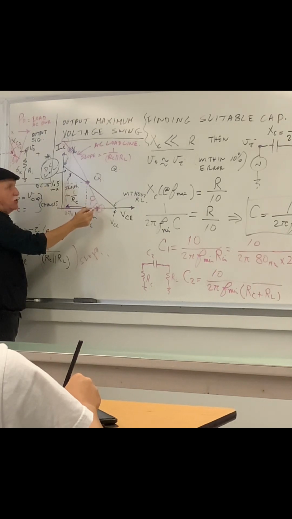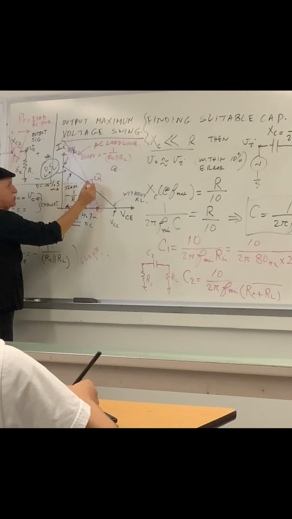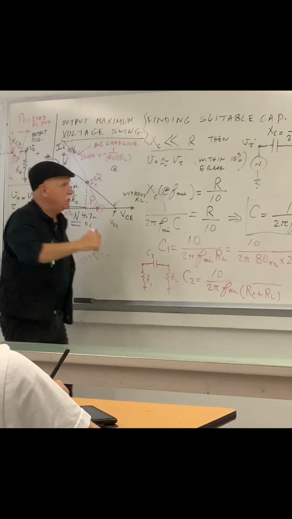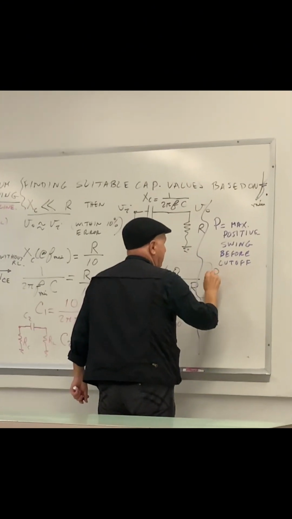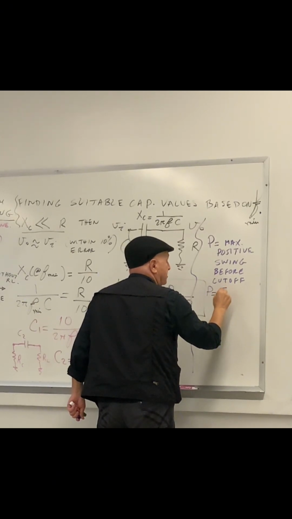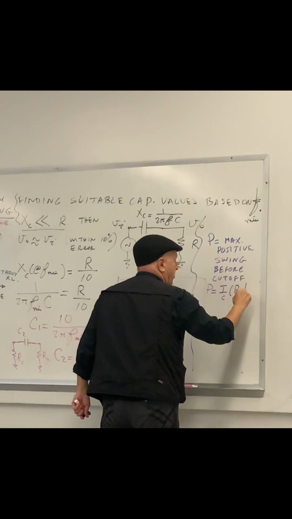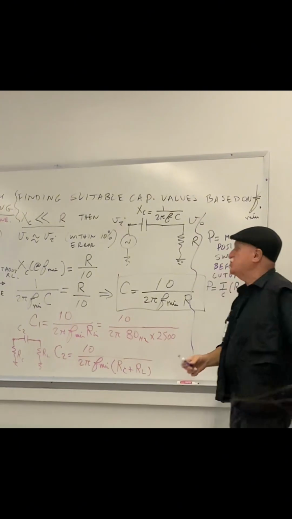Tangent of that angle is known, height of that line is known as IC, a DC quantity. So we can calculate the P. Here you are, answer for the P, positive swing. P is equal to IC multiplied by RC parallel RL. Finish. This is the positive swing.